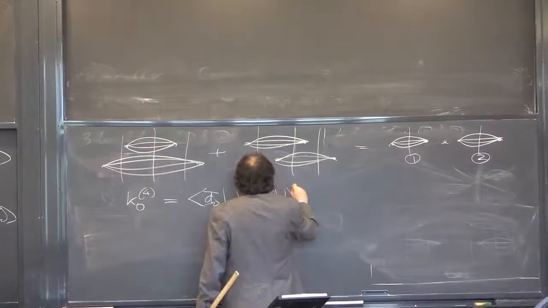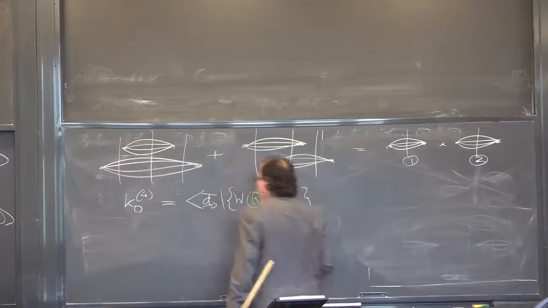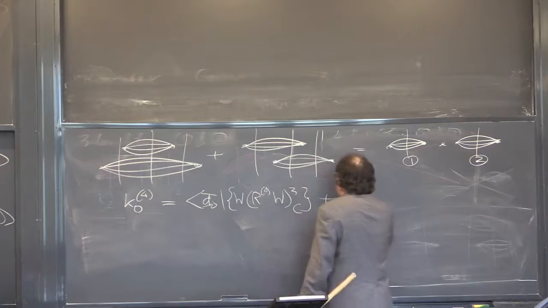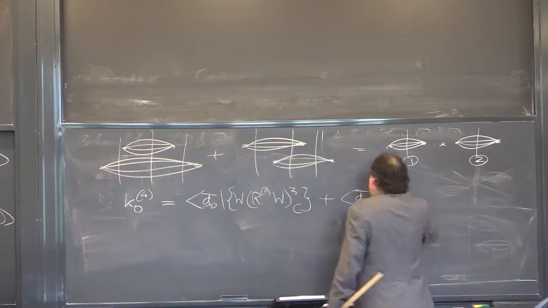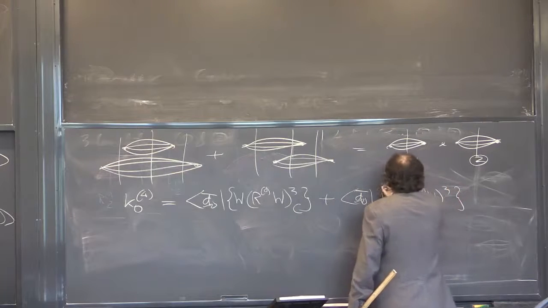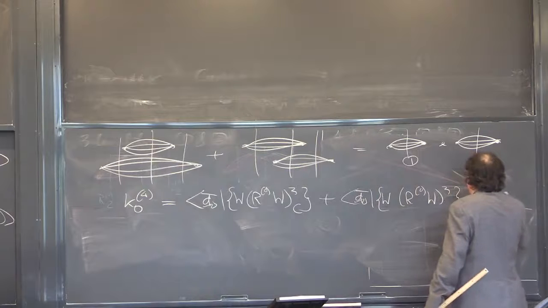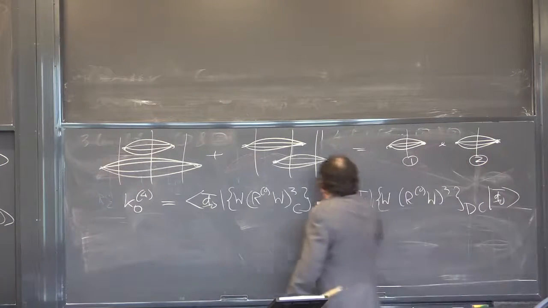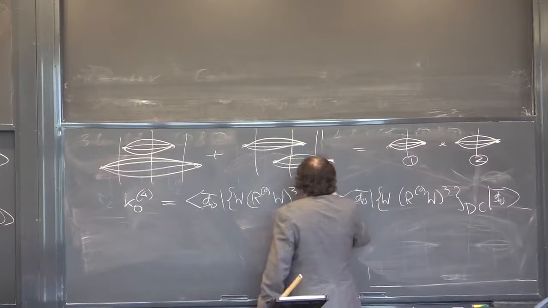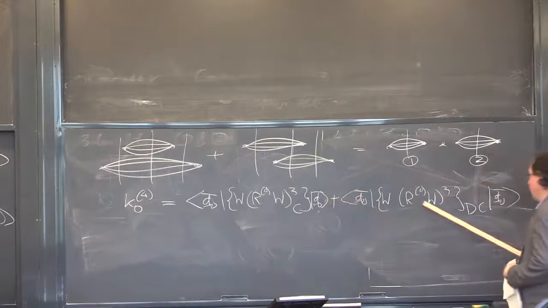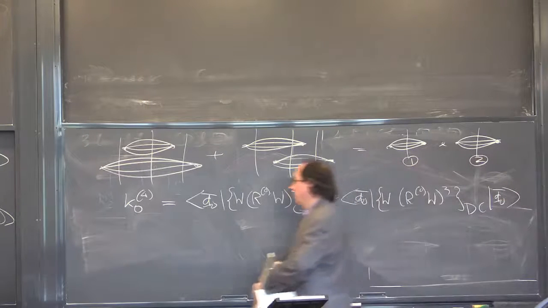So we started by noticing that our diagrams in fourth order can be organized into connected parts and disconnected parts, or disconnected diagrams. So we have connected diagrams from the principal term and disconnected diagrams.